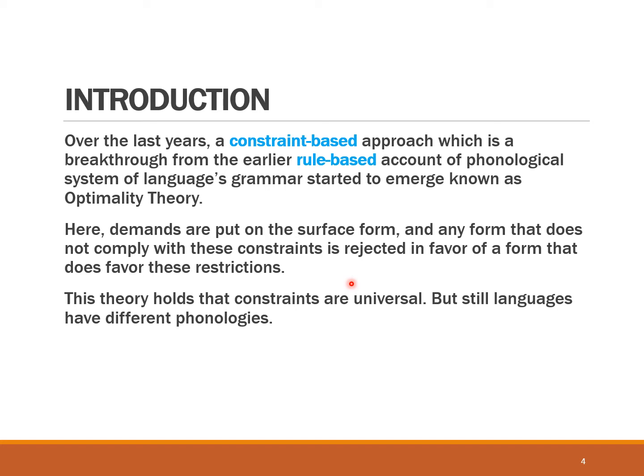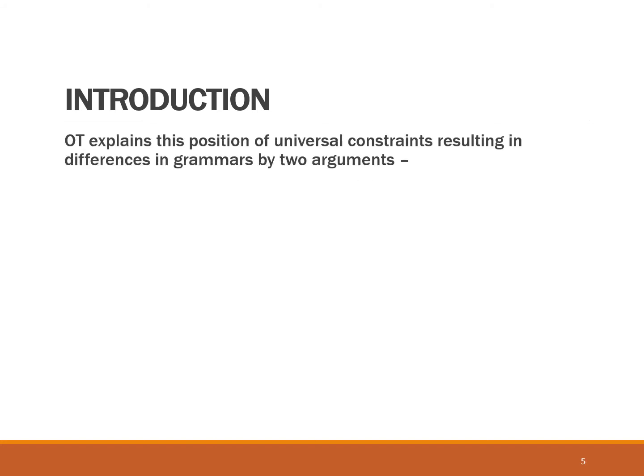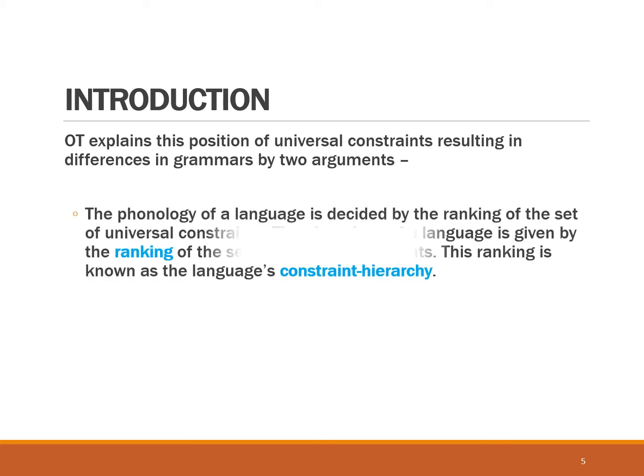Optimality theory also holds that constraints are universal, but still languages have different phonologies. How? Because they are ordered differently. And in addition to what we have just noted, OT also explains this position of universal constraints resulting in differences in grammars by two major arguments.